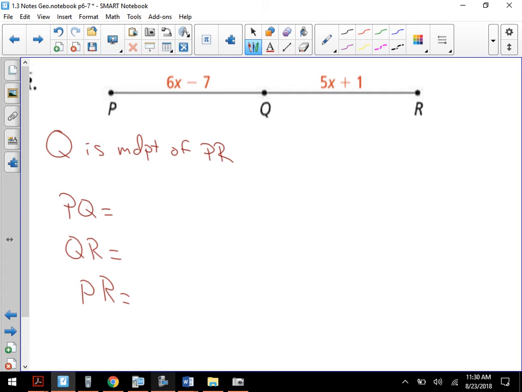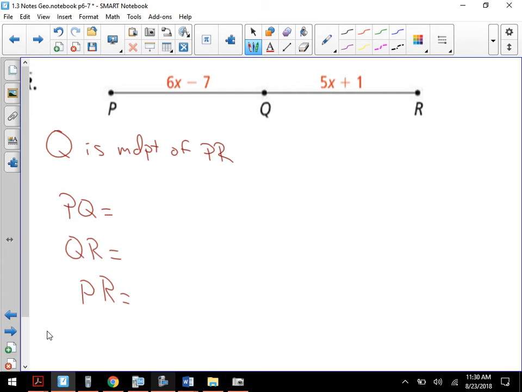Now remember, yesterday you were given the overall dimension, or parts of the dimensions. Here, all we have is the algebraic, but you have a definition that you can work with. So we have segment PQ and QR. Those three points are collinear. They're all in the same line.